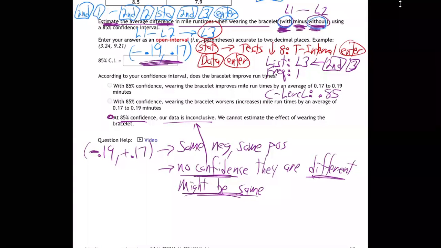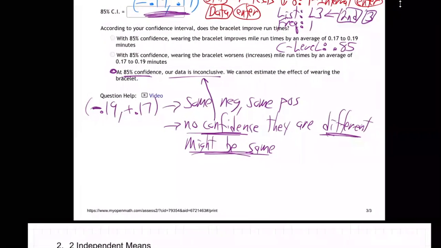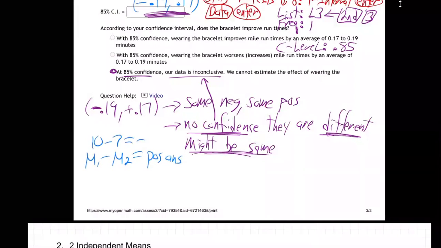It's inconclusive. And I want to make sure that you see why that's the case, not just from the notes, but logically. Remember, we're subtracting two things: L1 minus L2, or mu1 minus mu2, whatever you want to call it. If you subtract two things and get a positive answer, that'd be like 10 minus 7 comes out positive. The first number is bigger.